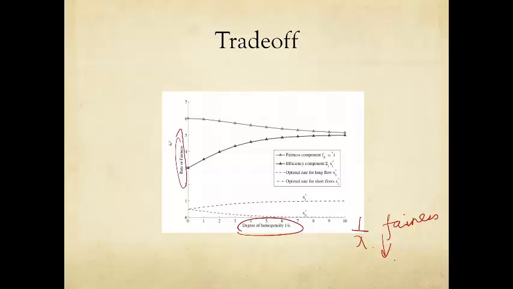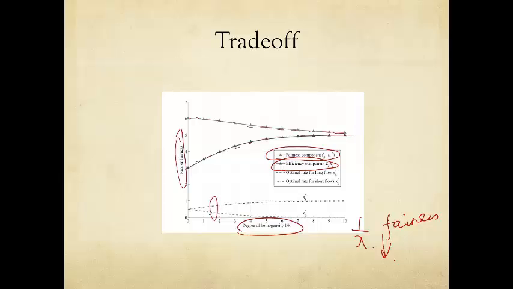First, I'm plotting the fairness component, the f sub beta part, versus the efficiency component, the summation x part. And as you can see, confirming our intuition, as lambda becomes smaller, the relative component of the fairness notion goes down, and the relative contribution from the efficiency component to the objective goes up.